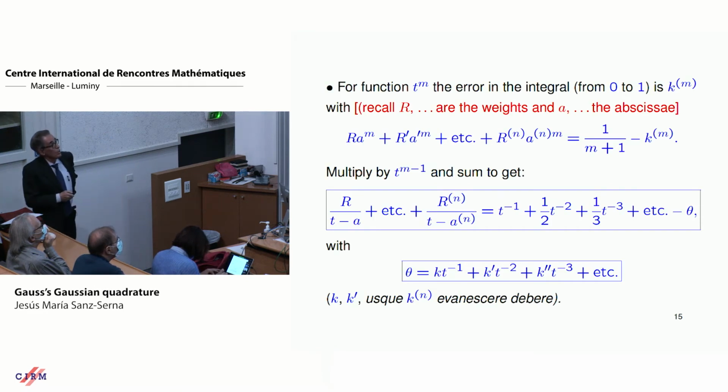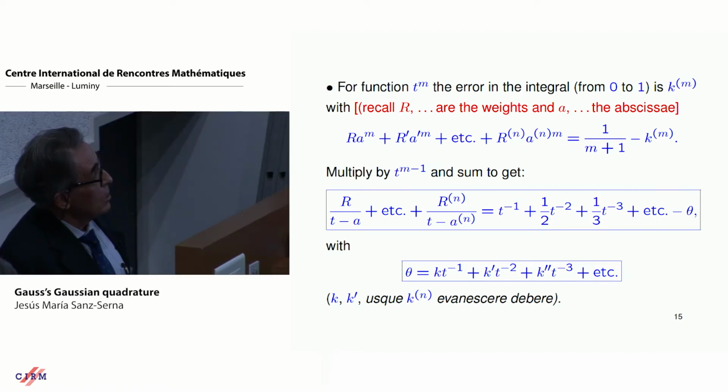So he denotes the function whose integral has to be computed as t to the power of m. He denotes the quadrature error as k superindex m. So this is the quadrature value, this is the true value of the integral, and this is the error.